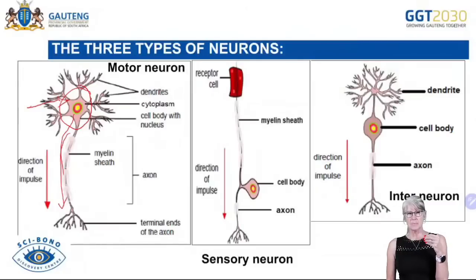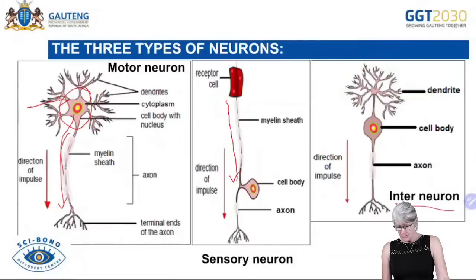As soon as it senses that stimulus, it initiates an impulse, and that impulse is carried via the dendrite into the cell body, and then out via the axon again to the central nervous system. All right, so that is when a stimulus from the environment is converted into an impulse and carried to the central nervous system.